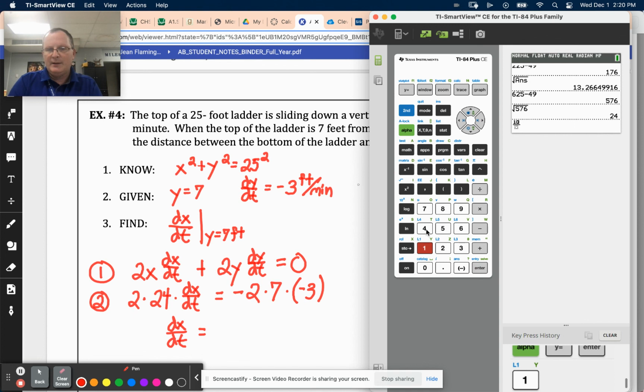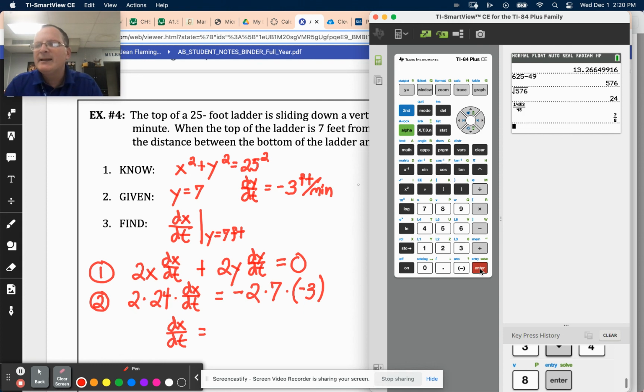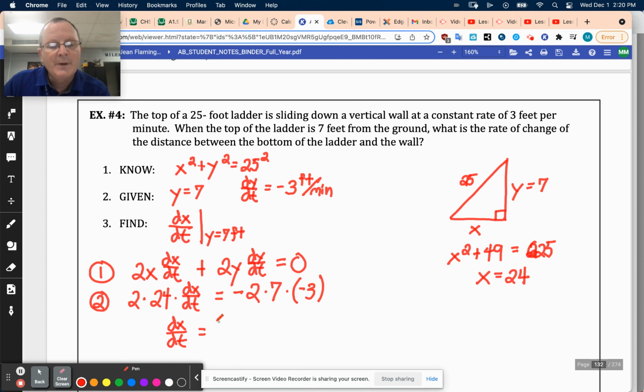On top, I've got 14 times 3, and on the bottom, I've got 48. And that is 7/8. So 7/8, and this is the rate at which x is changing. So the units must be in feet per minute, just like the rate that we were given. 7/8 feet per minute.